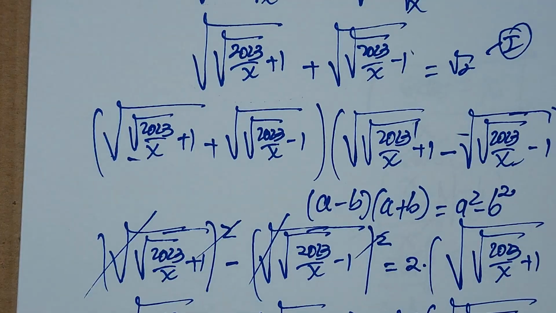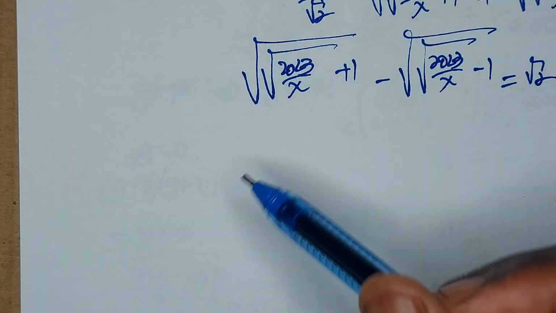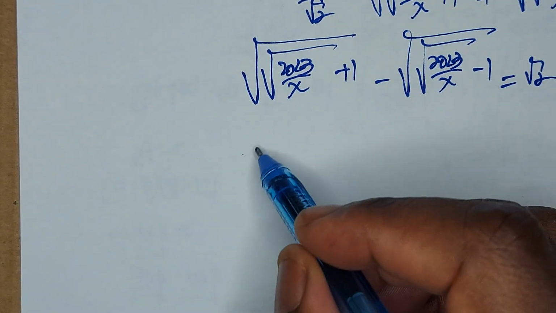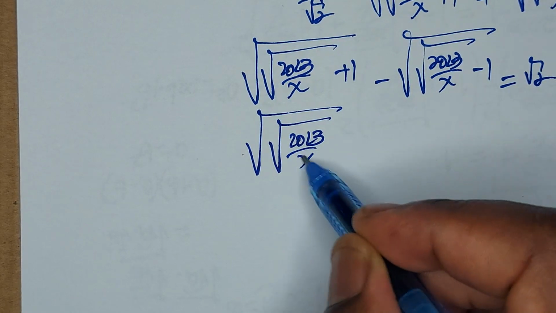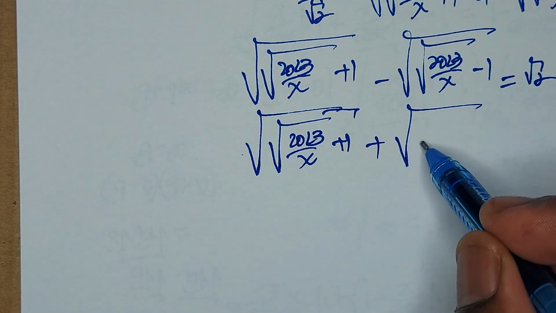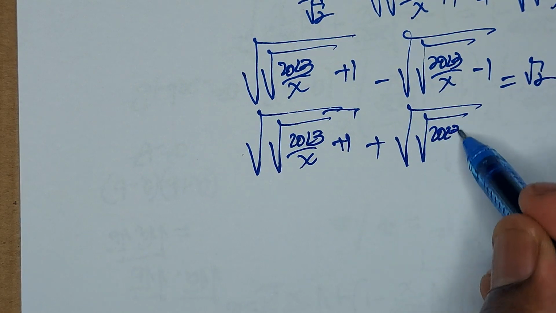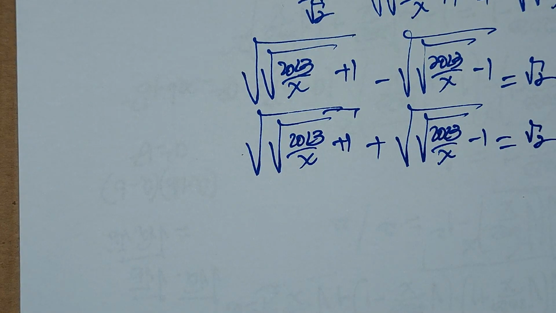Let's call our first equation the one that says the square root of 2023 over x plus 1 plus the square root of 2023 over x minus 1 equals the square root of 2.